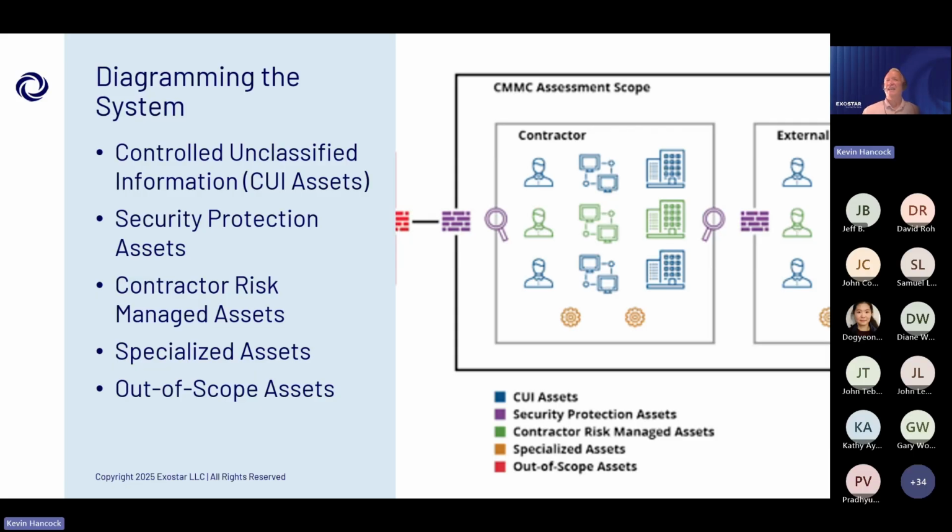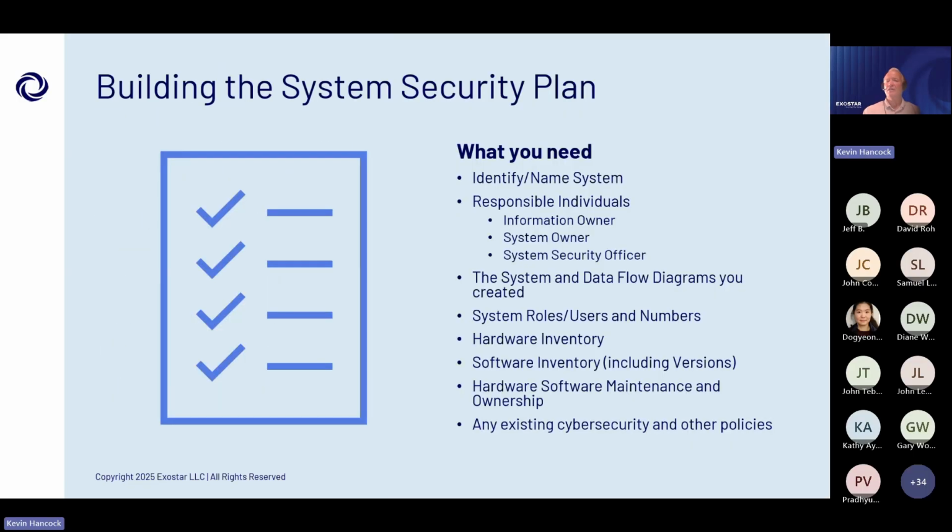Right? There are 110 individual controls within NIST 800-171, but those are broken out into 14 control families, and that's what you're going to build your policies around. It's how do we control access to systems? How do we train our individuals and our organization to do these things?